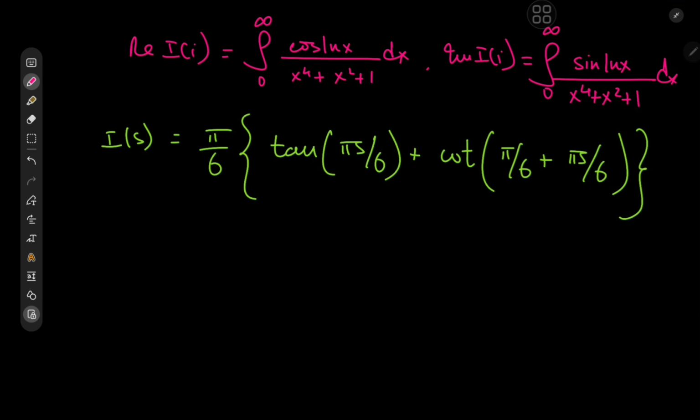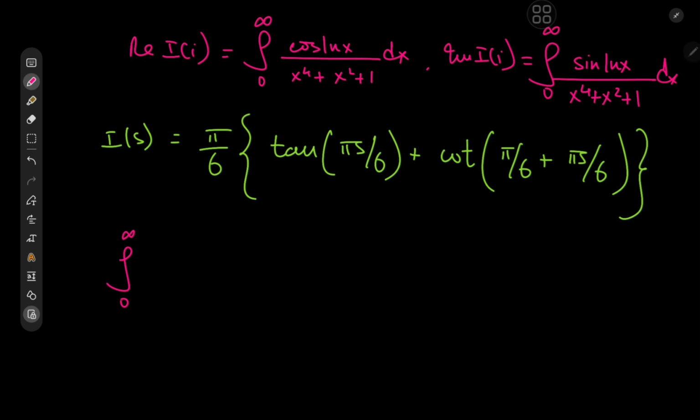But wait a minute, we know exactly what I of s results in, so all we have to do is plug in i into the result in green and then separate the real and imaginary parts. And I'll leave that as a bit of an exercise to you, the viewer. It's nothing difficult, it's just some complex number algebra, so I hope you guys have fun. And I'm just going to write out the results for you to verify later.